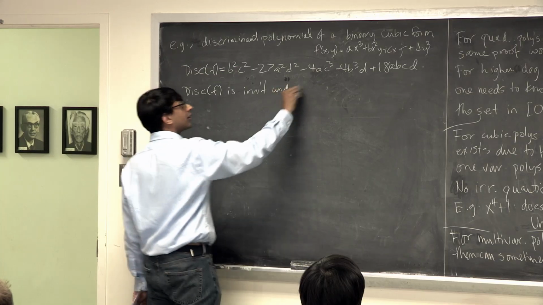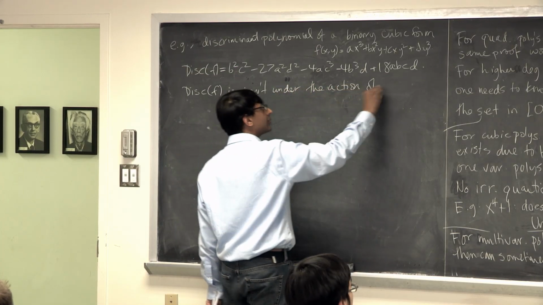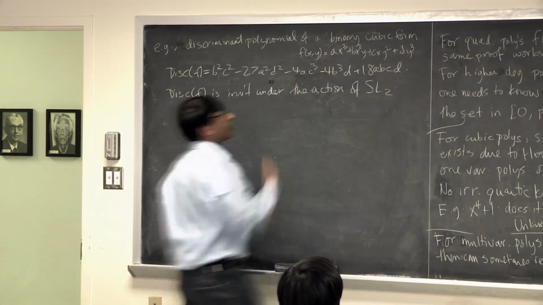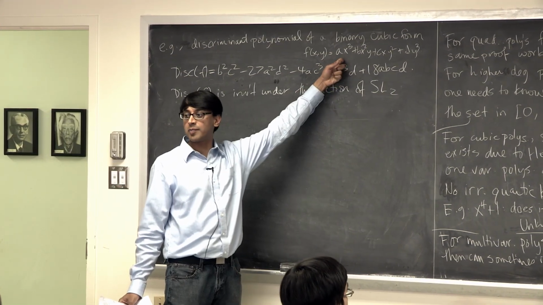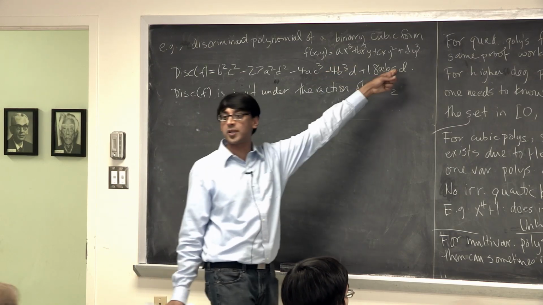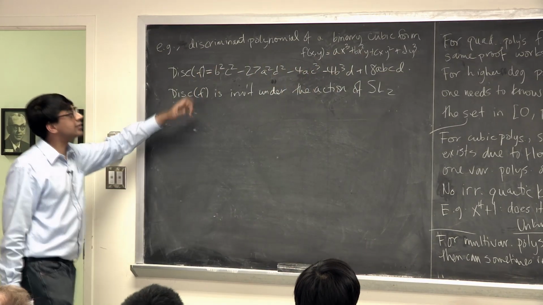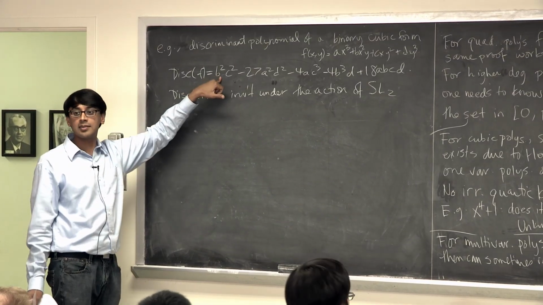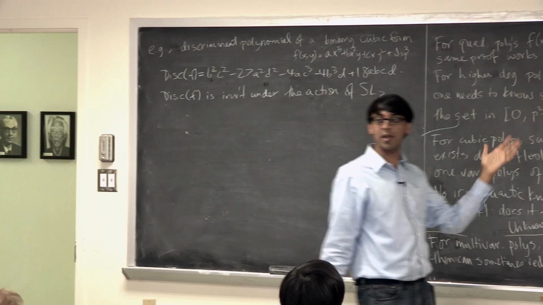under the action of SL2. So SL2 naturally acts on binary cubic forms by linear change of variable, right? X can be replaced by a linear combination of x and y. Y can be replaced by a linear combination of x and y, and you get back a binary cubic form. And in that action of SL2(Z), the value of the discriminant doesn't change. Just like in the case of binary quadratic forms, you have ax squared plus bxy plus cy squared.